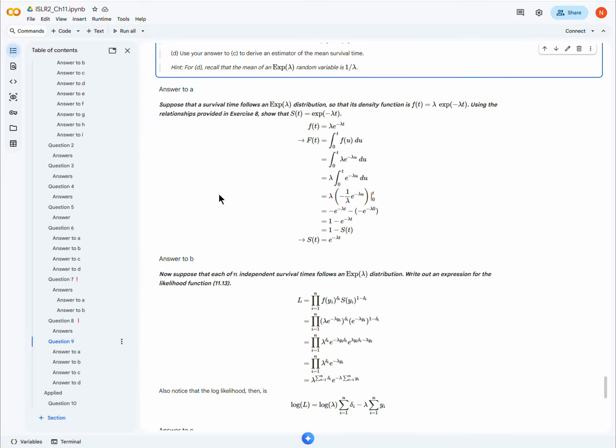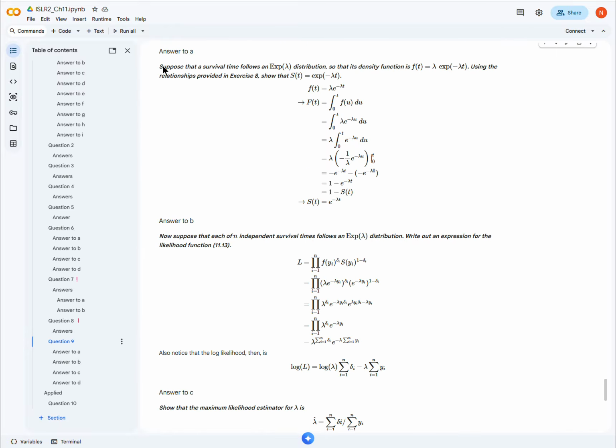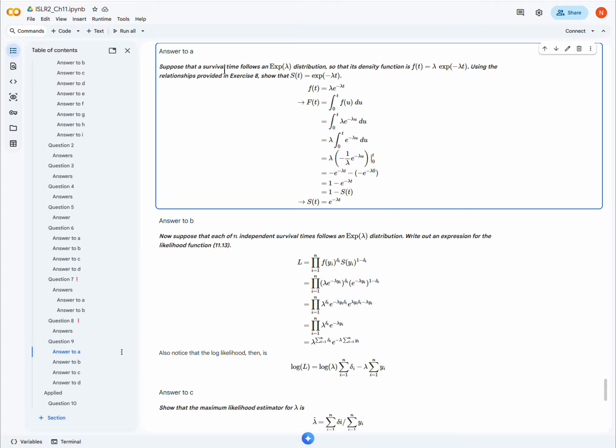Okay, so for part A, assuming that survival time follows an exponential distribution, where the density of an exponential distribution is given here, lambda times e to the negative lambda t. We're going to use relationships provided in exercise 8 to show that the survival time equals e raised to the negative lambda t power.